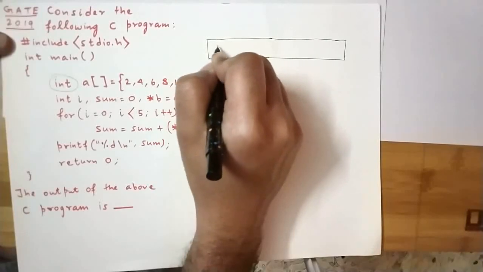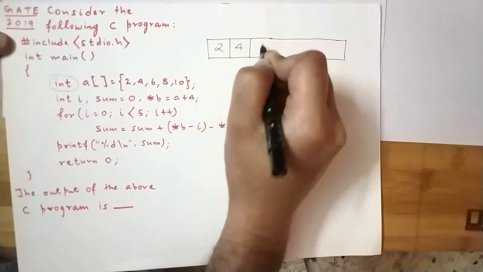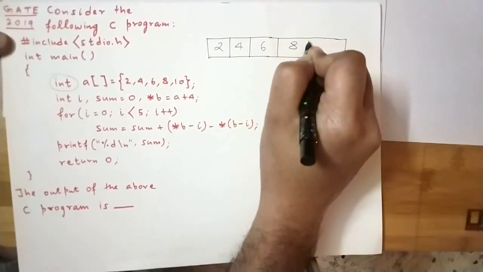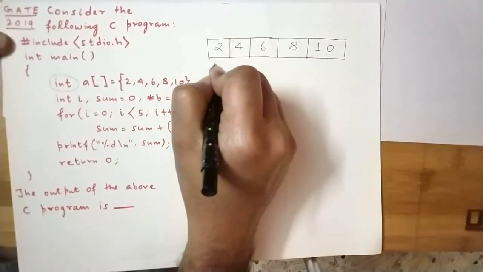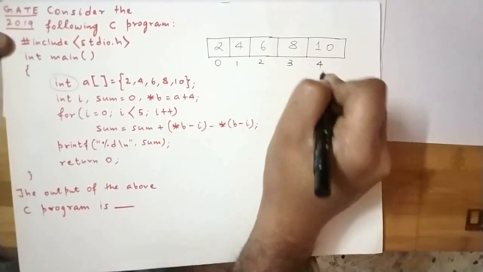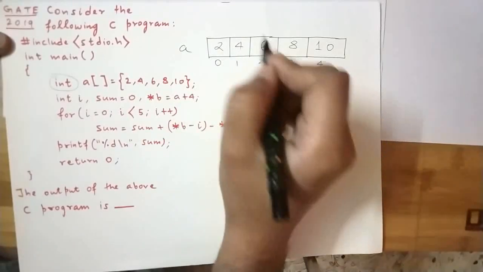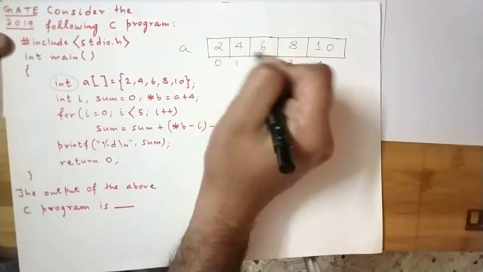So my first array element is 2, the next one is 4, the third one is 6, the fourth one is 8, and the fifth one is 10. The indices are 0, 1, 2, 3, 4. The name of the array is A. Let's assign addresses to each of these array elements.